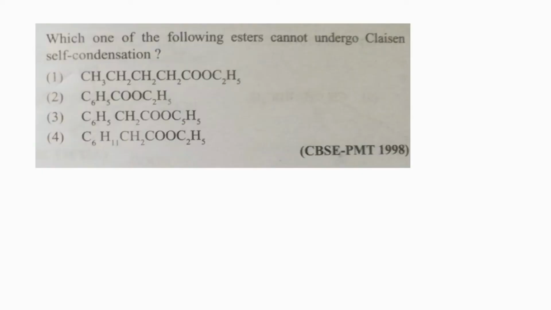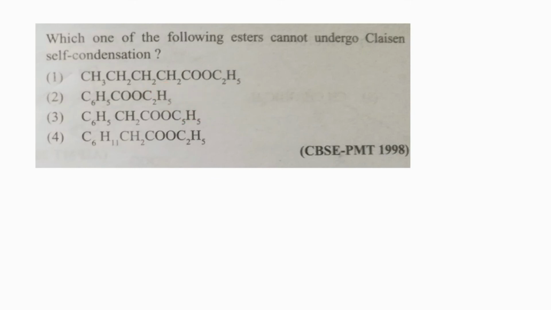Now see this question. It is related to the topic which we have discussed now. Which one of the following esters cannot undergo Claisen self-condensation reaction? We have already learned that for this Claisen self-condensation reaction to take place, the ester should have an alpha hydrogen.